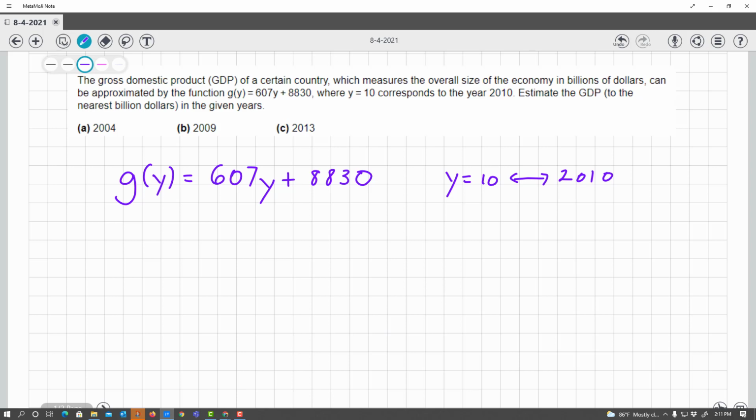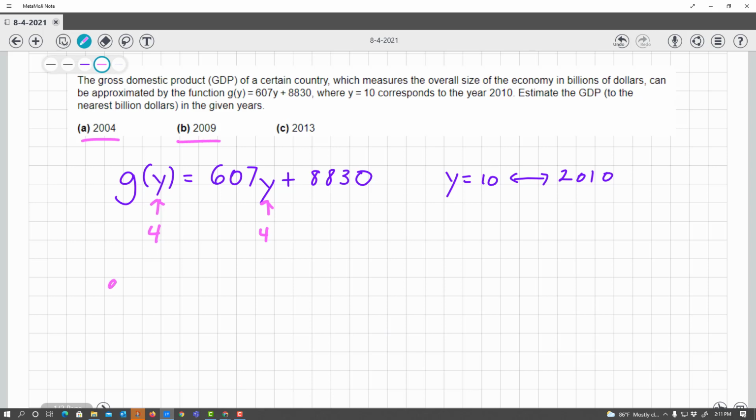So I'm not going to work every one of these, but you should hopefully be able to see what you're going to have to do. For 2004, that would be 4. And everywhere you see that value, you simply plug in a 4. That's all you're really doing on these.